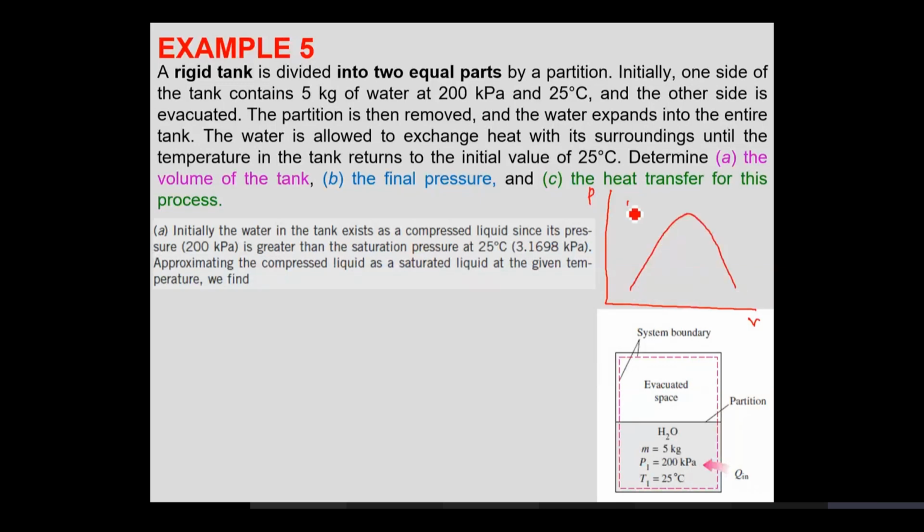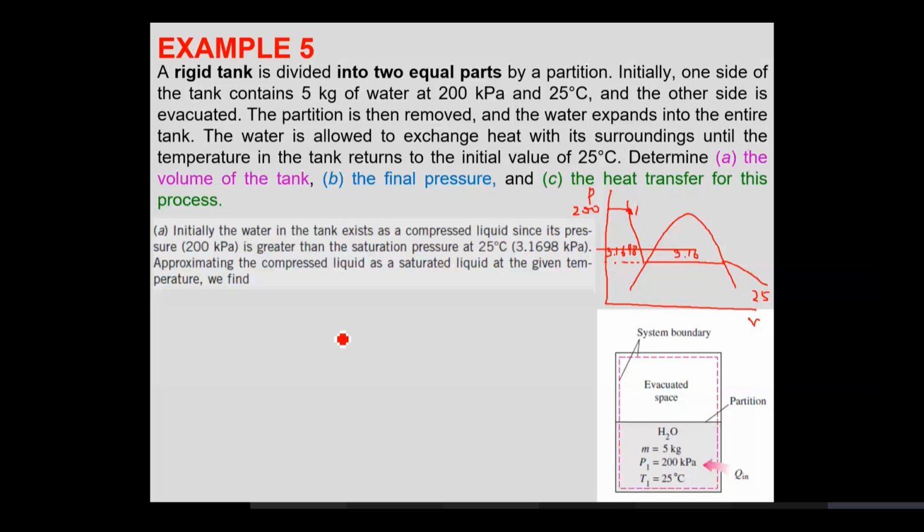In this plot, initially your system is at 200 kilopascal. This line is a constant temperature line of 25 degrees centigrade. So your system is over here, point 1, which corresponds to 200 kilopascal. For 25 degrees centigrade, the saturation pressure is 3.1698 kilopascal. This is the saturation pressure at 25 degrees centigrade.